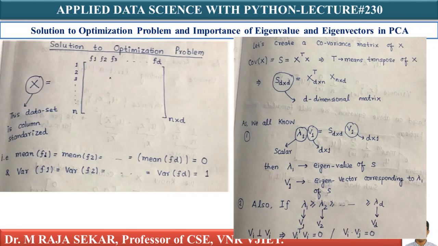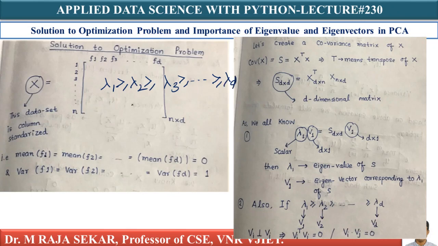Let me arrange all these eigenvalues like this: lambda 1 is greater than or equal to lambda 2, which is greater than or equal to lambda 3, and so on, greater than or equal to lambda D. What does it mean?